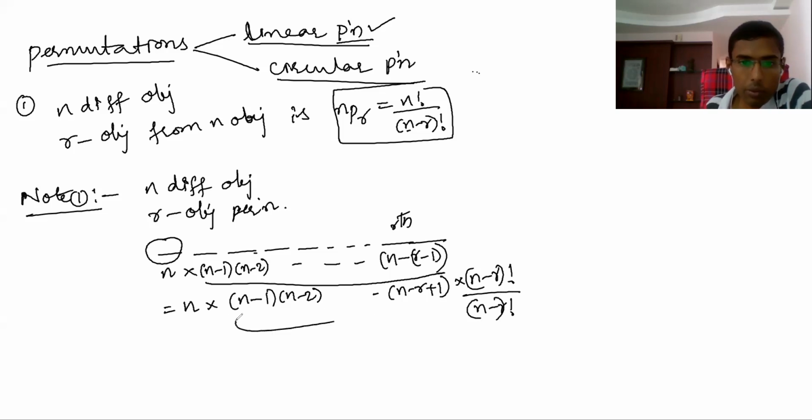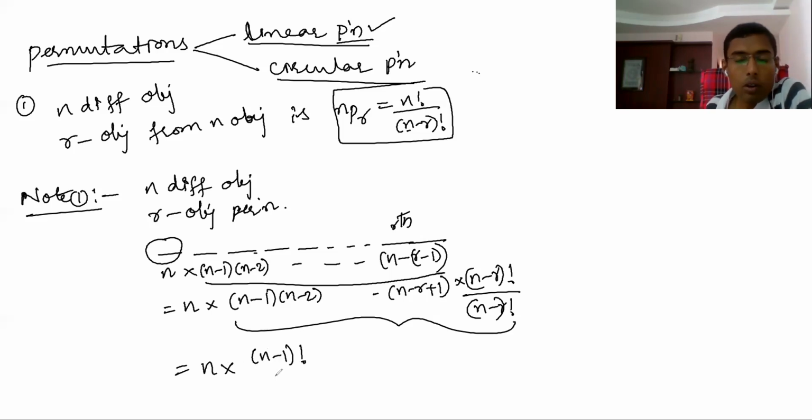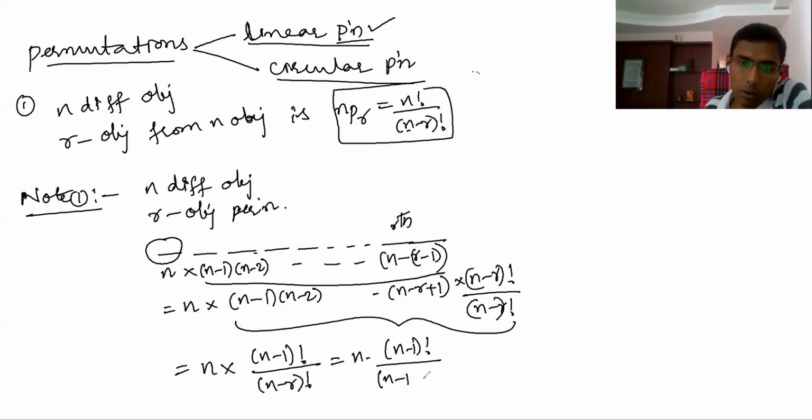So you can write n into (n minus 1) factorial by (n minus r) factorial, which is n into (n minus 1)P(r minus 1).